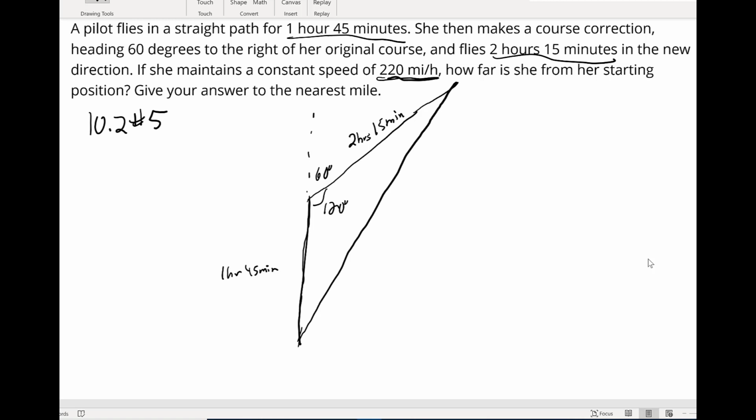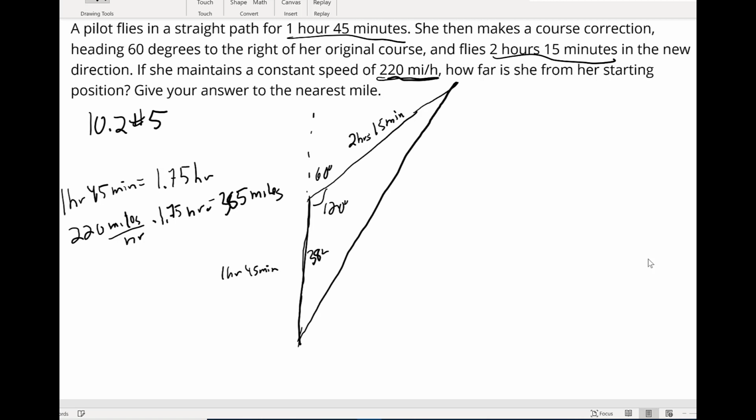Sorry about the bell. So 1 hour 45 minutes is equal to 1.75 hours. If we do 220 miles per hour times 1.75 hours, we get 385 miles. So this is 385.